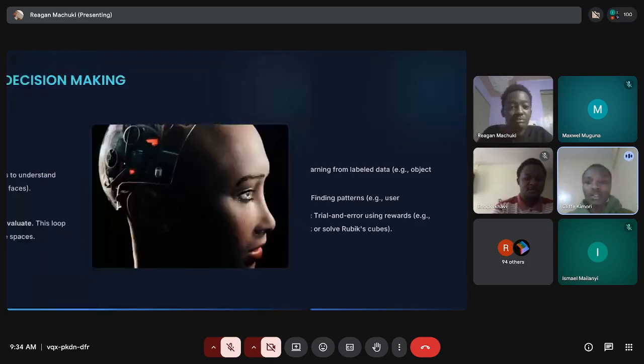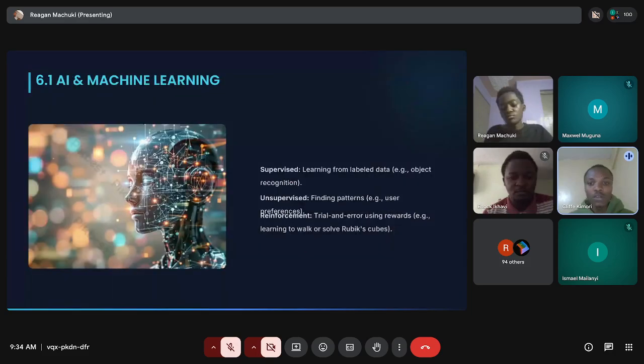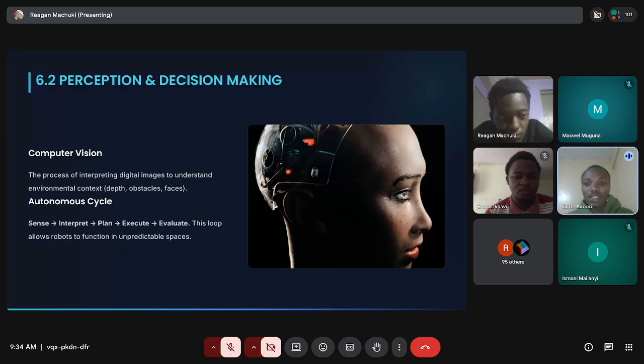Unlike traditional robots that only follow pre-programmed instructions, AI-powered robots can adapt to new environments, improve their performance over time, and respond intelligently to changing conditions. Therefore, in simple terms, AI acts as the brain of a robotic system. It processes information collected from sensors and transforms that data into meaningful actions that the robot can perform.